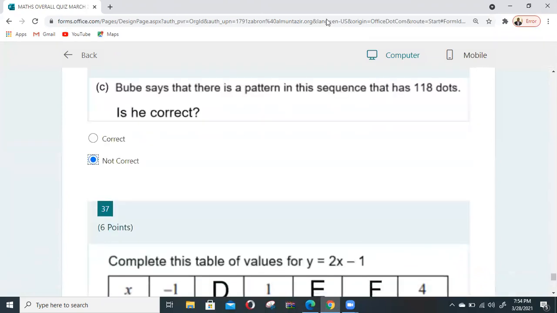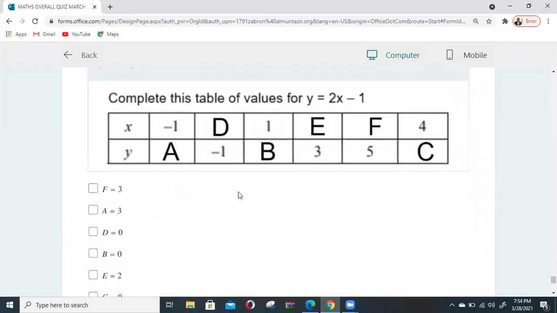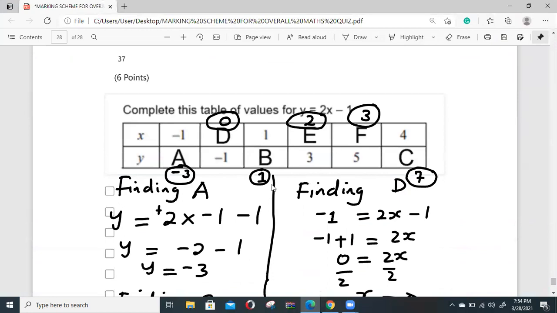All right, so the last question is this question here. Complete this table of values for y equals 2x minus 1. We need to find the values of a, d up to f. I have done these questions in class so many times, so go ahead substituting the values there.